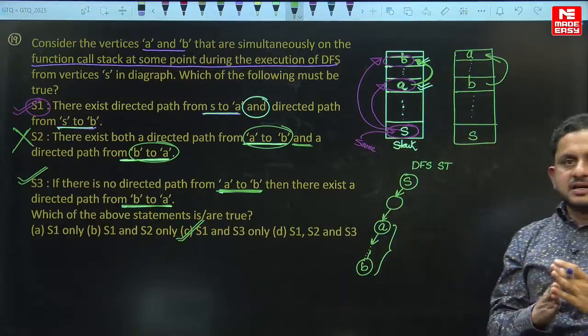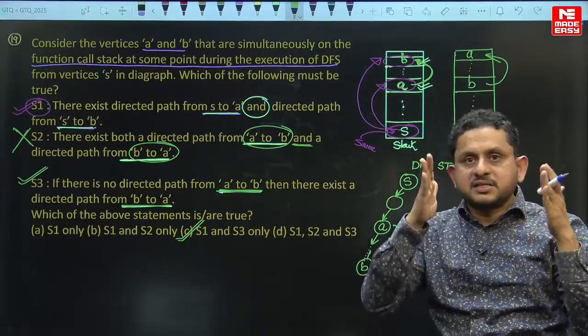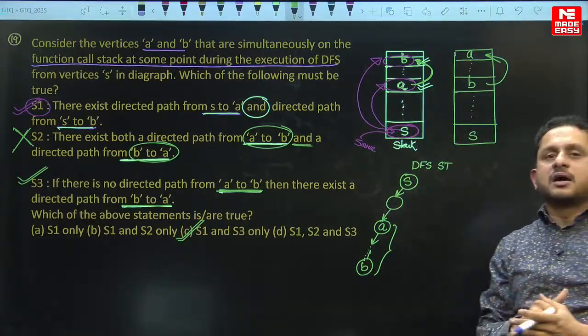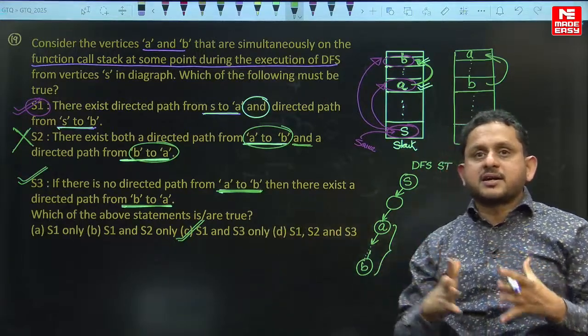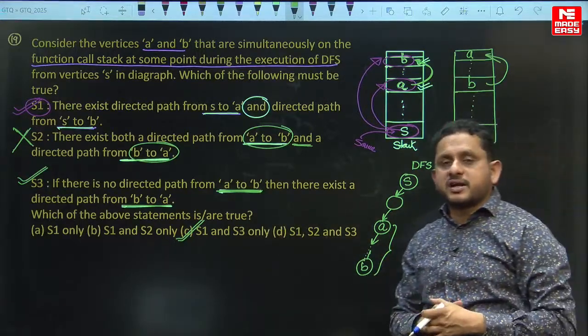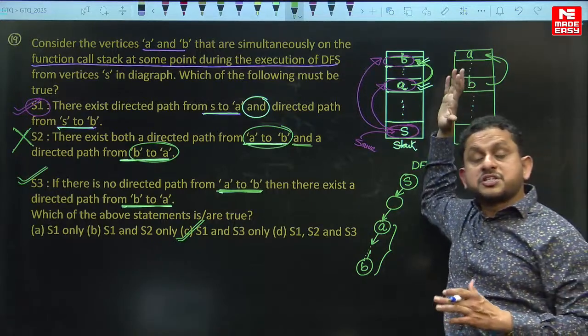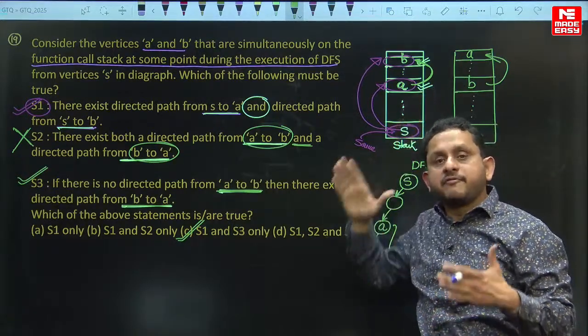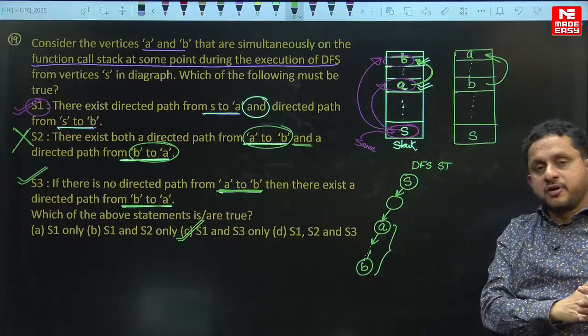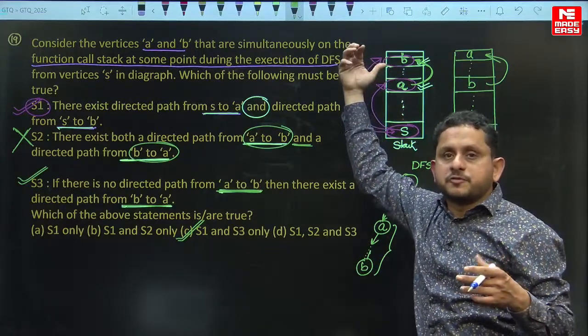This question uses the same logic that we use for strongly connected components. What do we do for strongly connected components? We call DFS and store the vertex exploration completion order in the stack, then compute the transpose graph and traverse again using the top of the stack.